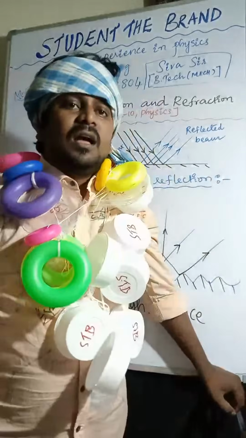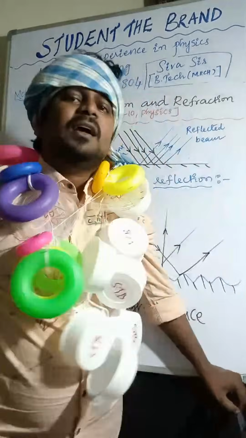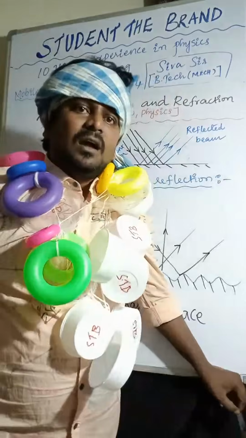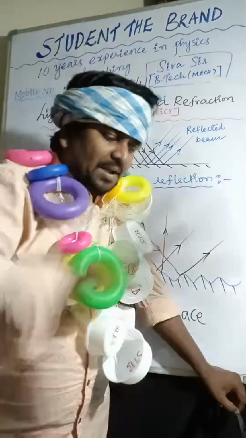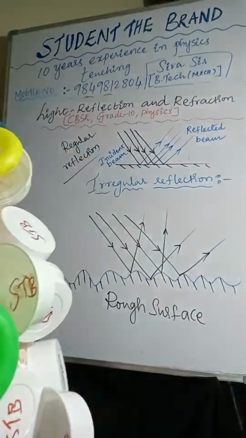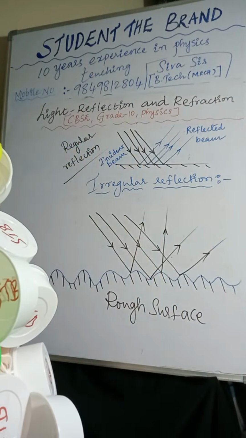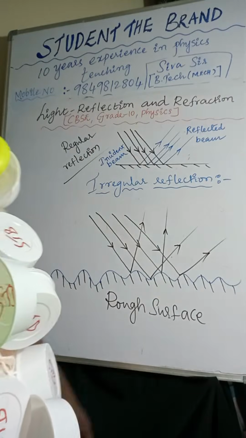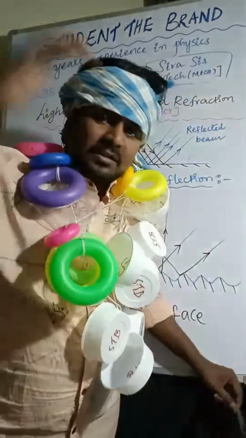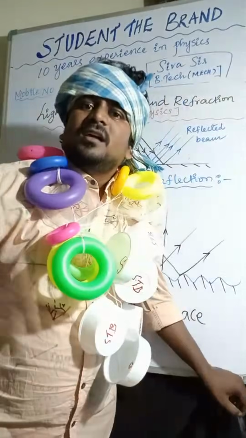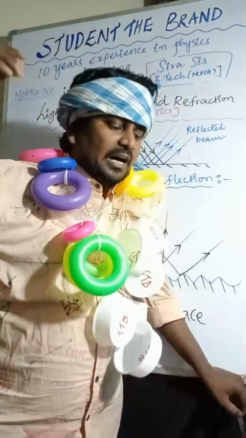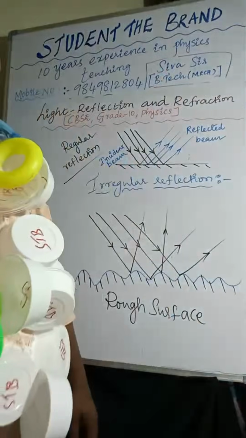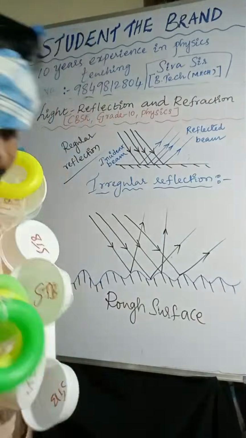On plane mirror, regular reflection. On wall, irregular reflection.